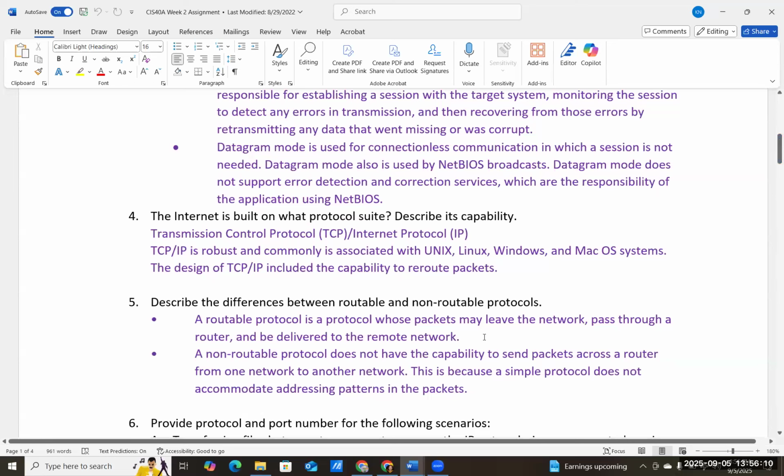So one important thing about this particular industry in IT and cybersecurity, I know some of you are going for the IT certificate and some of you are going for the cybersecurity certificate. You have to understand protocols and you have to know the associated port number to the protocol.